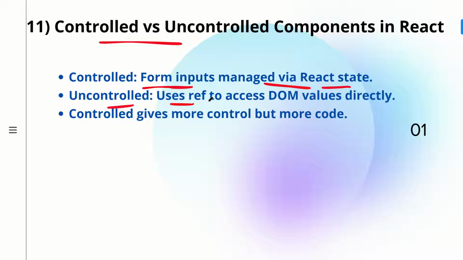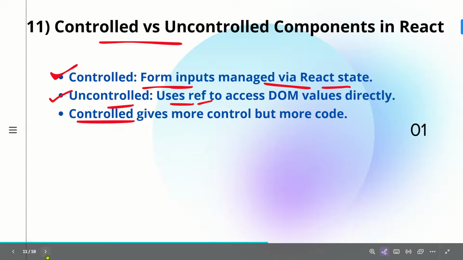If all the form inputs are managed by React state, then they are controlled. If you are making use of ref instead, they become uncontrolled components. Controlled components give more control but need more code. So we have to write more code in the controlled component. This is the difference between controlled and uncontrolled component.